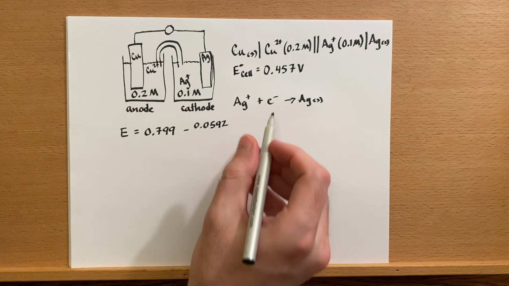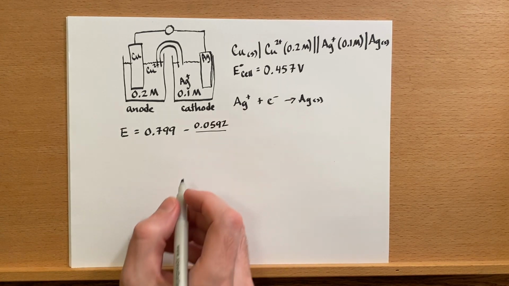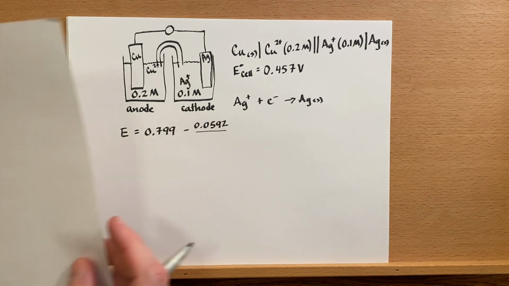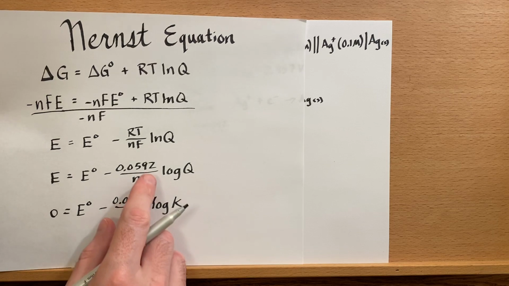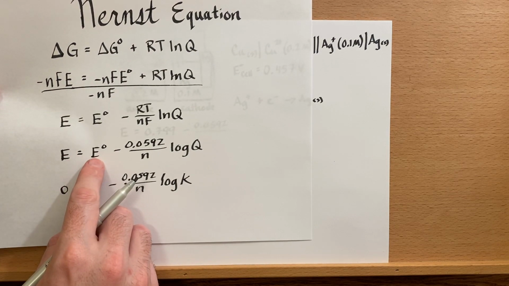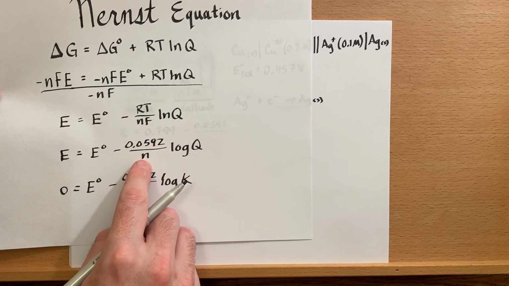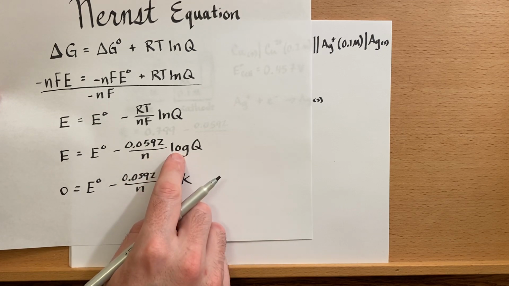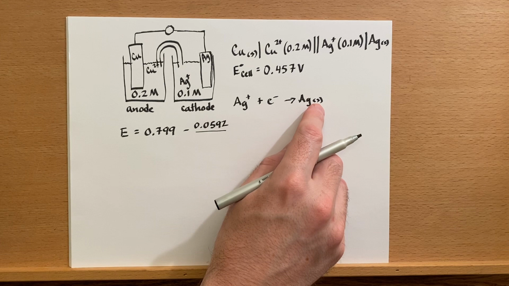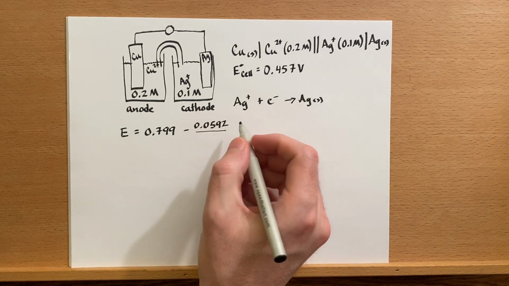Now, this will help because I'll know the number of electrons, and the number of electrons is in our Nernst equation. And if you forgot, here's the Nernst equation again, and we're using potential equals standard potential minus 0.0592 divided by number of electrons transferred times the logarithm of Q. Now, I wrote out the reduction potential here because it will help us write out what Q is.